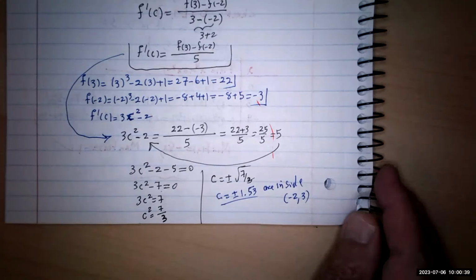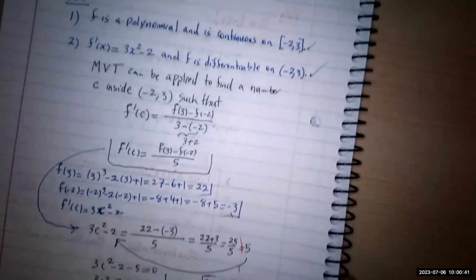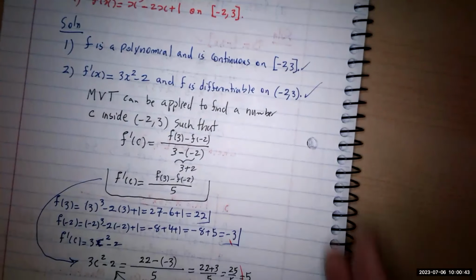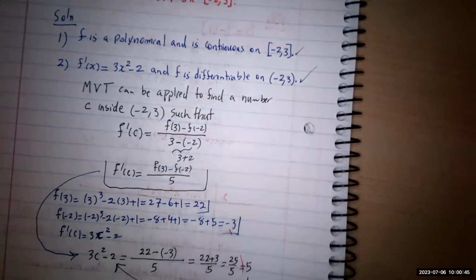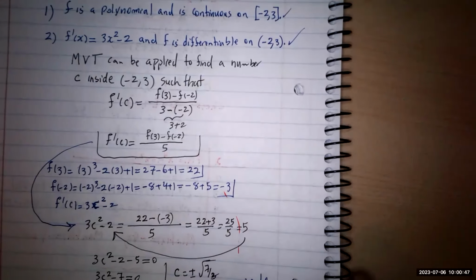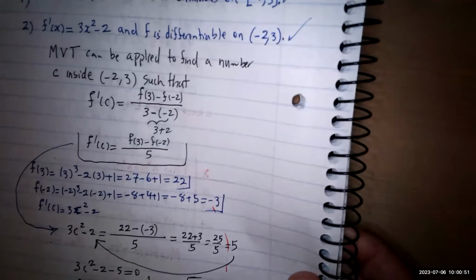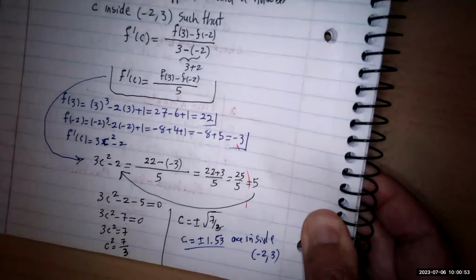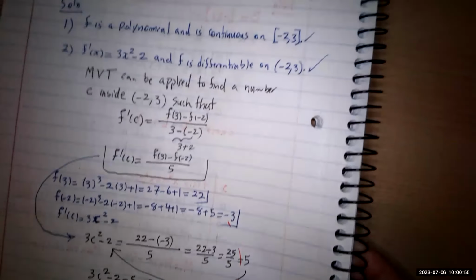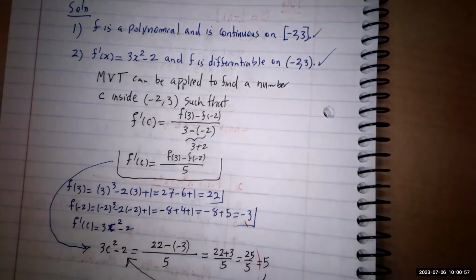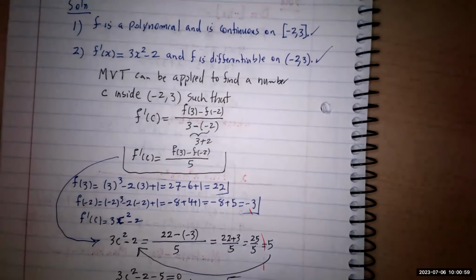Be precise. If you don't write the first and second conditions, you will miss something like 2-3 points of the 10 points of this problem, because you have to show us that you understood. It can always be applied on the test. So that would cover our question number 3.